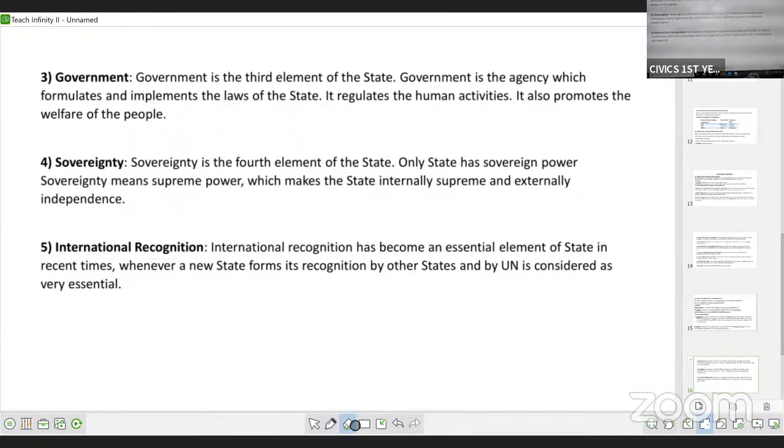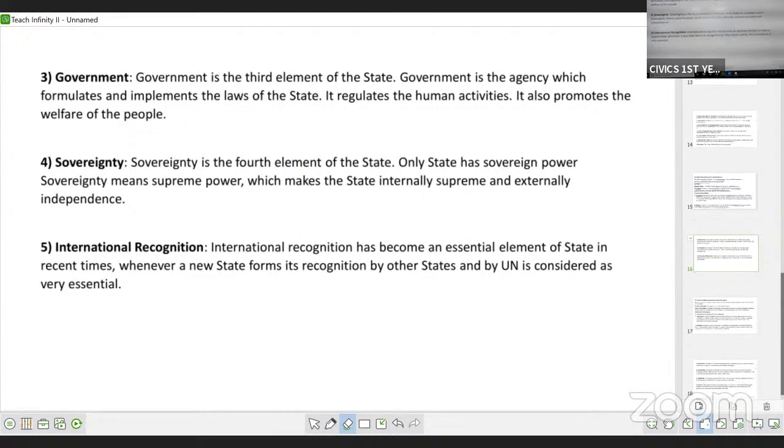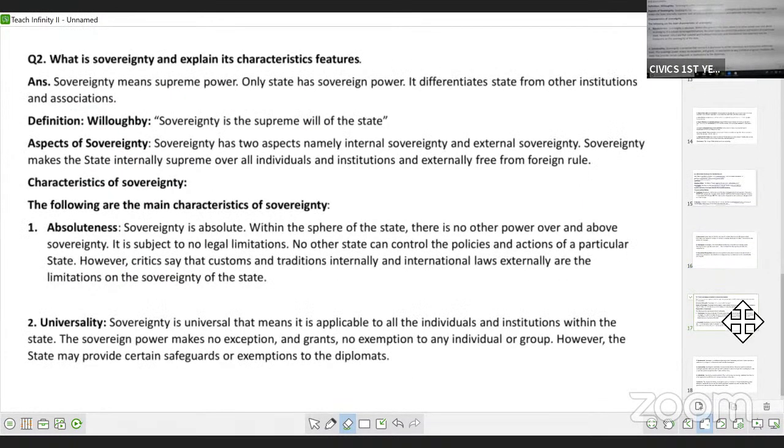If this is not asked, the next question which can be asked is characteristics of sovereignty. Here again, sovereignty means supreme power. Who possesses sovereignty? Only the state possesses sovereignty.